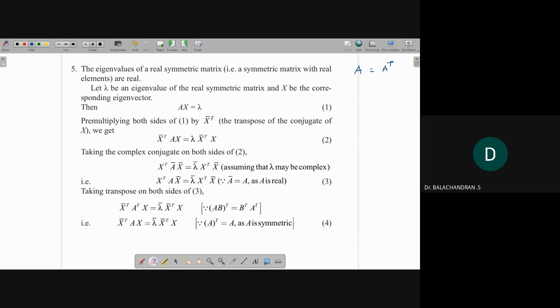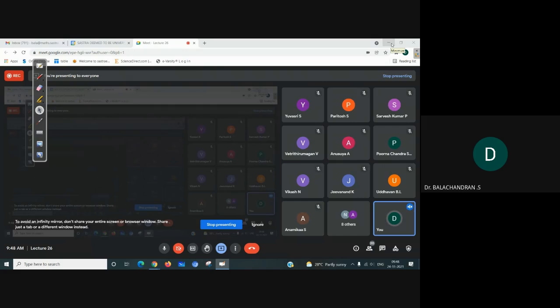So the property says the eigenvalues of a real symmetric matrix are real; they will not be complex. If you want to prove something is real, in complex numbers, what is the idea? I want to prove lambda is real, or z is real.